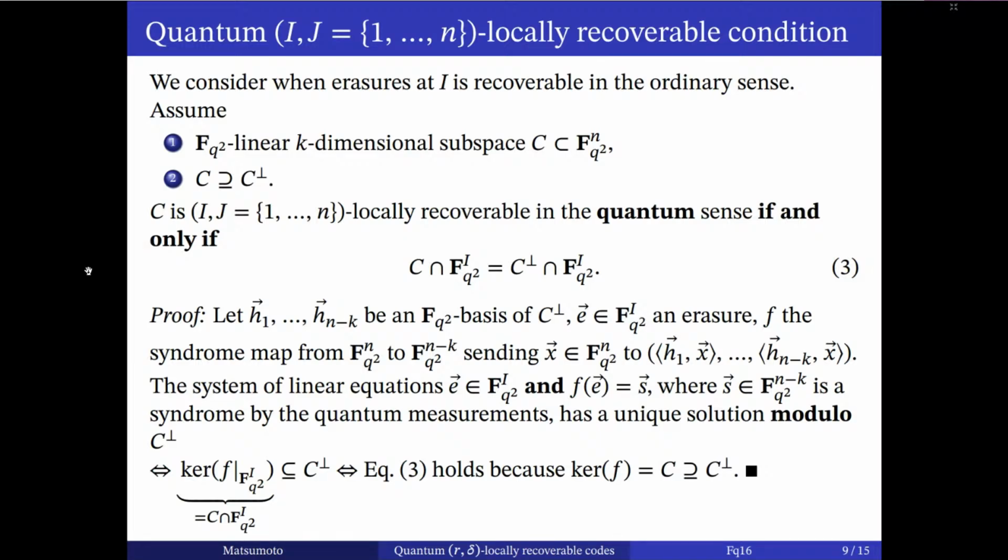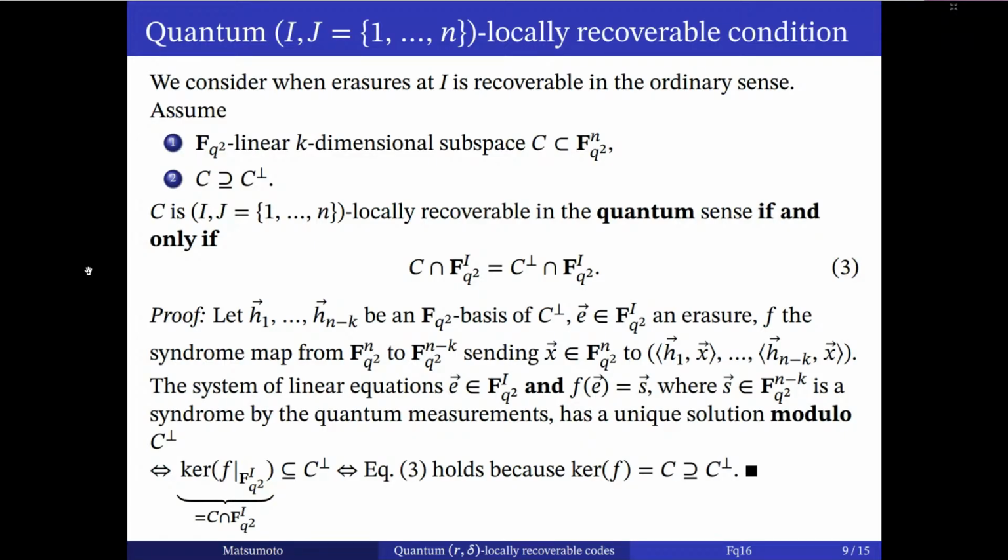Okay, and this must have a unique solution modulo C-perp in order for erasure correction to be successful. Here, modulo C-perp is an additional condition in the quantum setting. This unique solution condition is equivalent to the kernel of F restricted to this space being contained in C-perp.